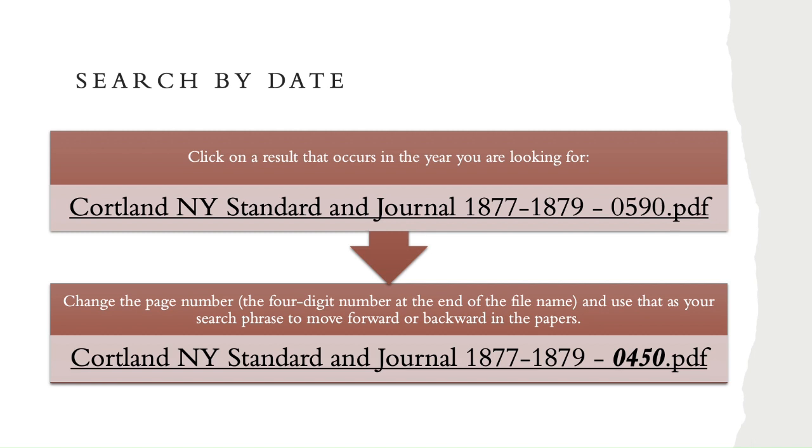So I'm really curious to try to find an obituary or at least a death notice for him confirming this. So I found a result for Cortland Standard happening in the years 1877 to 1879, and that 4-digit number, think of that as a page number. So the particular result that I had was later than the date I was looking for, so I could try changing that 4-digit number to move forward or backward and try to zero in on the specific date that I'm looking for.